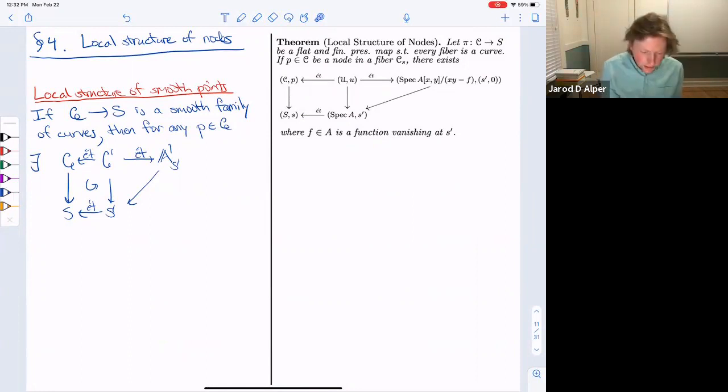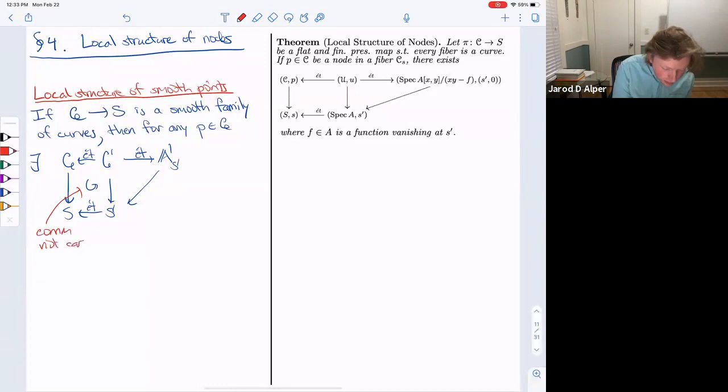Suppose we have a smooth family of curves, and you have a point, any point. Then étale locally on S and on the total family C, it looks like just A^1. Maybe I point out that this diagram is commutative. It's not necessarily Cartesian.